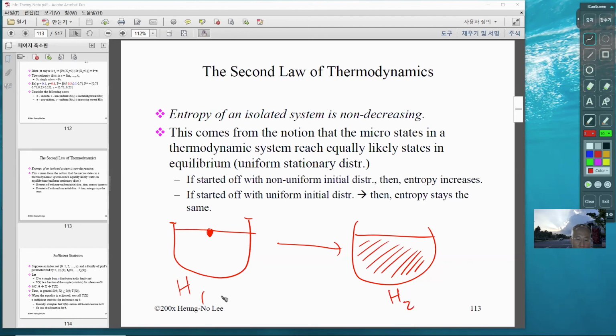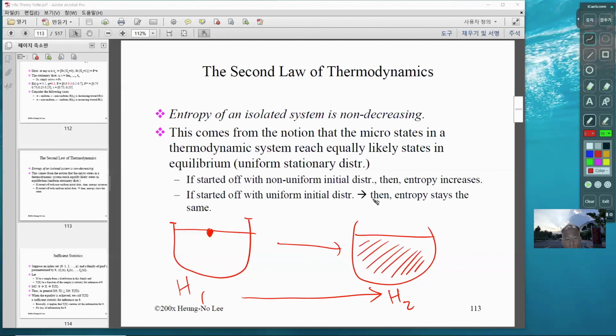So in this case, entropy is non-decreasing or increasing. So that's the second law of thermodynamics.